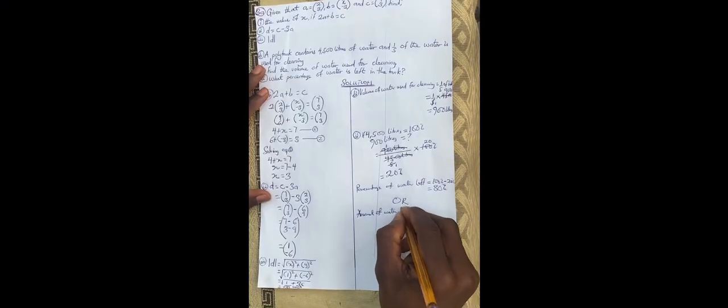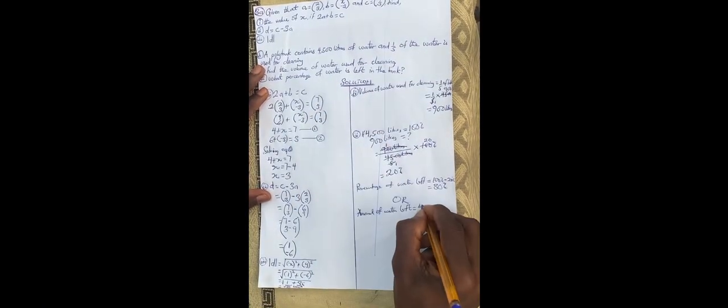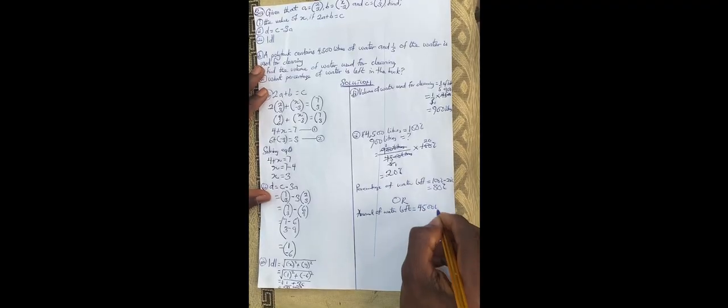So amount of water left, the total, which is the 4,500 liters, minus what? The 900 liters, which was used. The total in the tank was 4,500 liters, and 900 of it was used. I hope you are following.